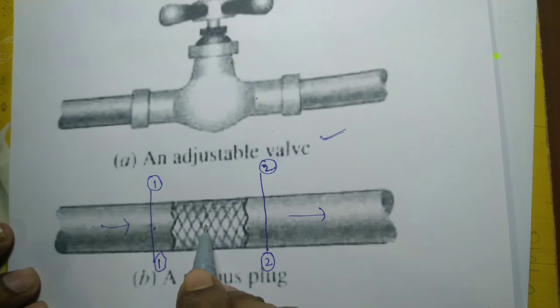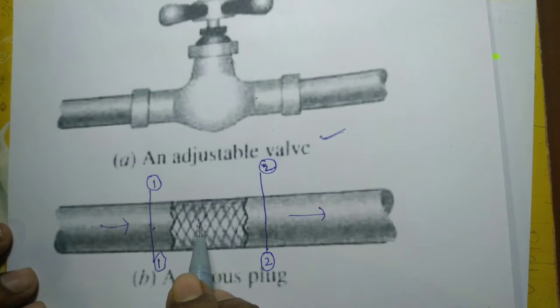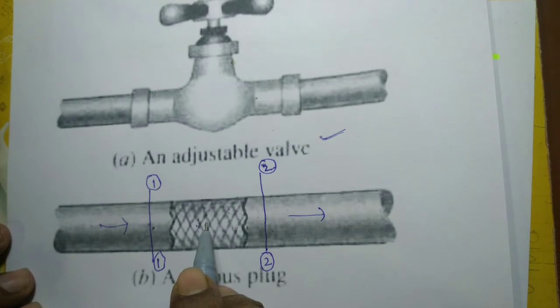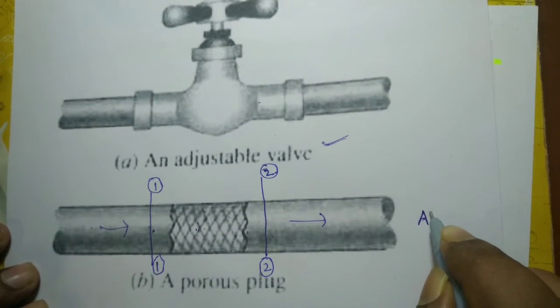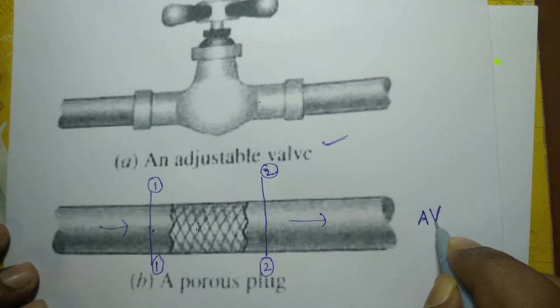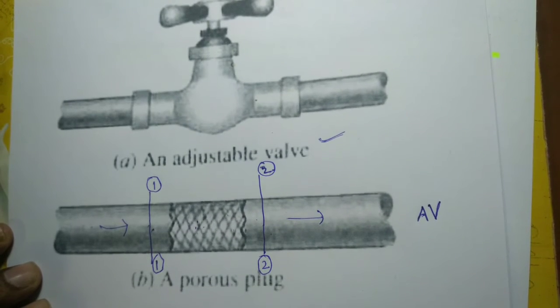And pores are here, which means there is some reduction in cross-sectional area. According to the continuity equation, we know that the product of area and velocity, suppose we take velocity as capital V, is equal to constant.